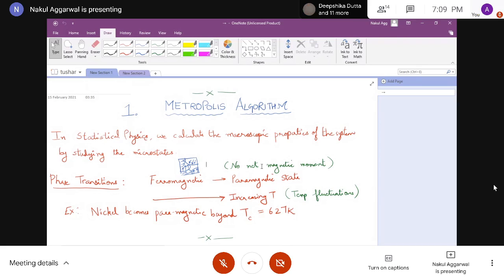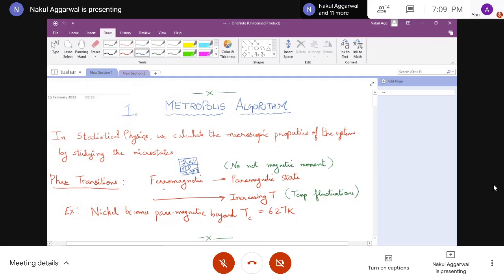Similarly, there are some other phase transitions that happen when you have a material which is in a ferromagnetic state, and then it gets converted to a paramagnetic state on increasing the temperature beyond a critical point, which we call the critical temperature.